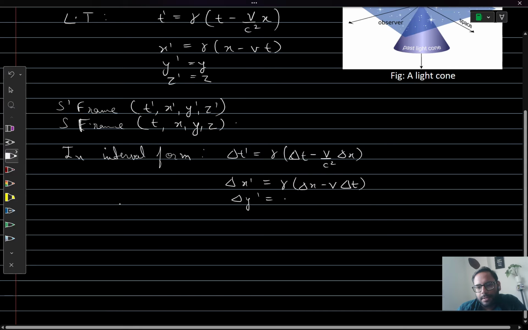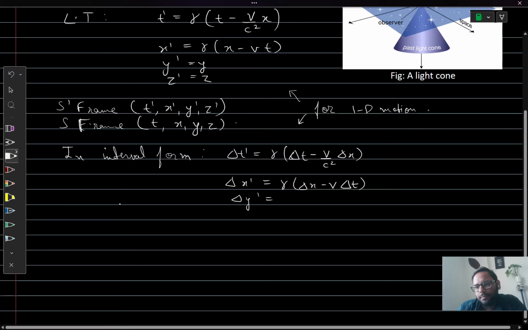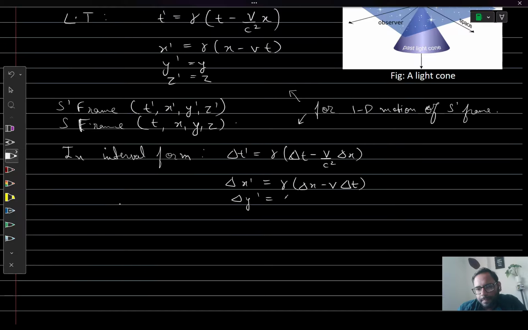These are for 1D motion of the S prime frame, that is, in the x direction.